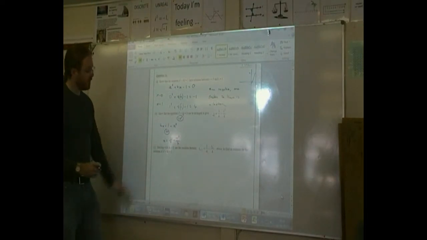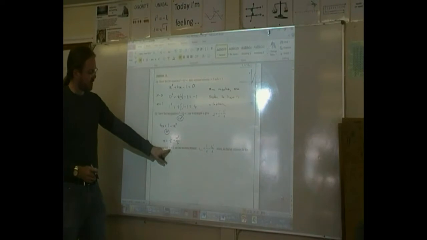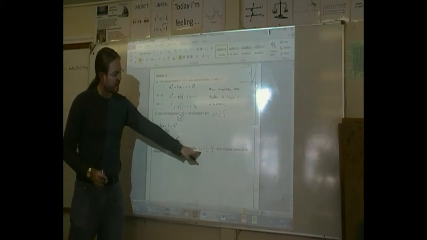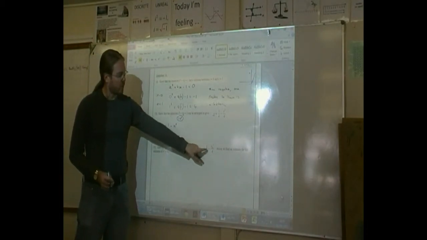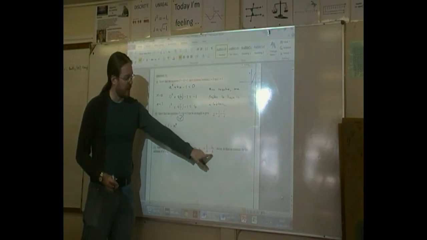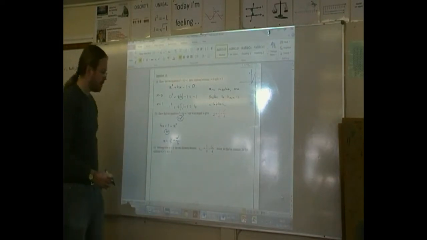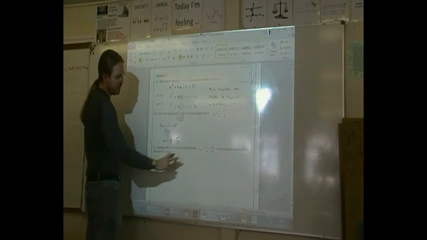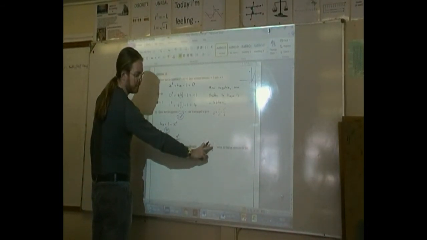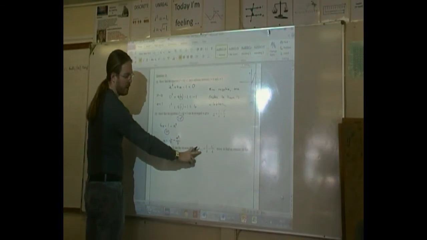Third one, starting with x0 equals 0, use the iteration formula x n plus 1 equals 1/4 minus x n cubed over 4. What that means is our current value of x there will become our new value of x here.